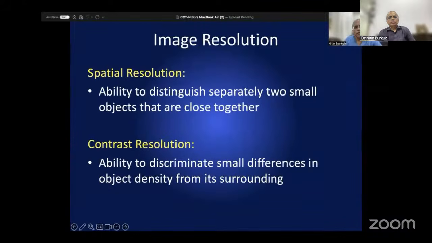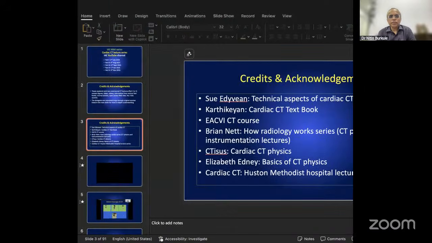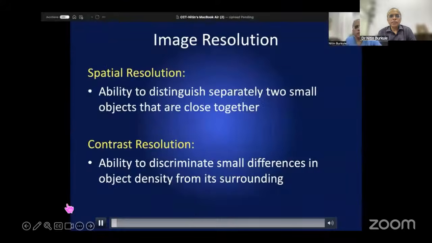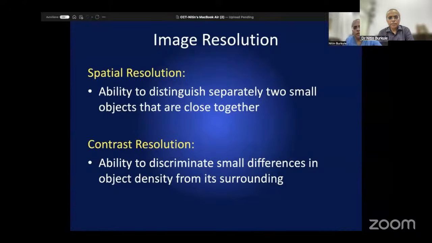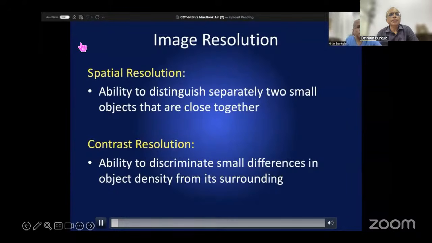The definition of spatial resolution is the ability to distinguish separately two small objects that are very close to each other. While what is contrast resolution? Contrast resolution is the ability of the imaging to discriminate the small difference in the density of a small object from its surroundings.